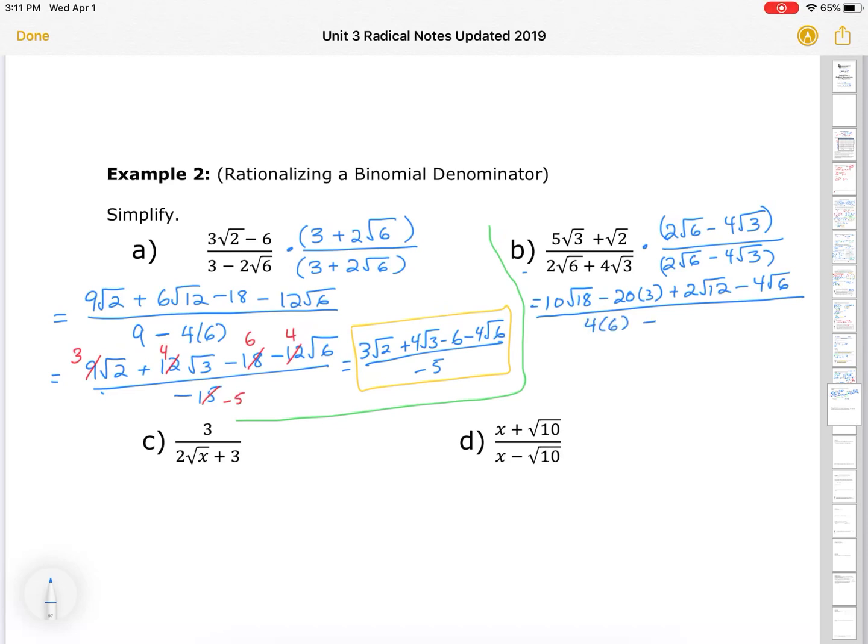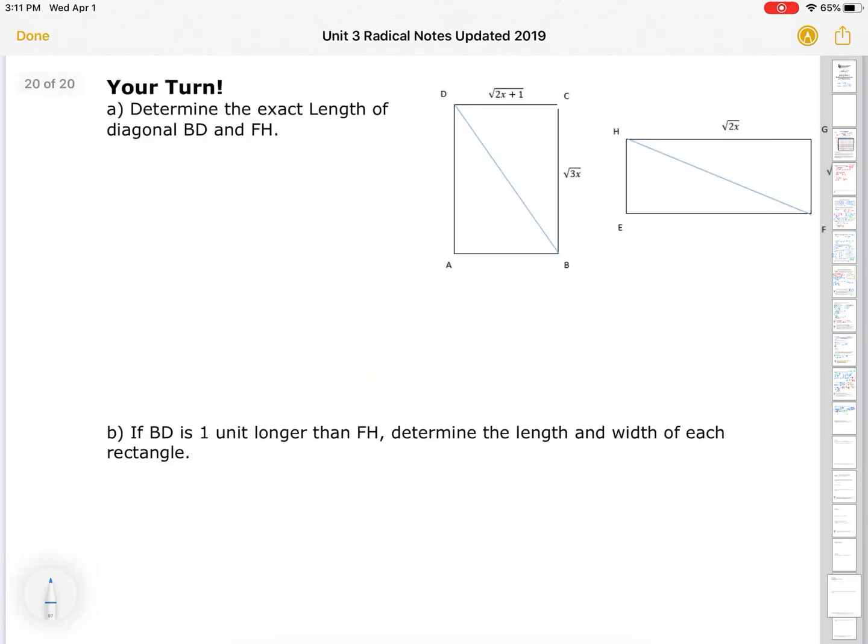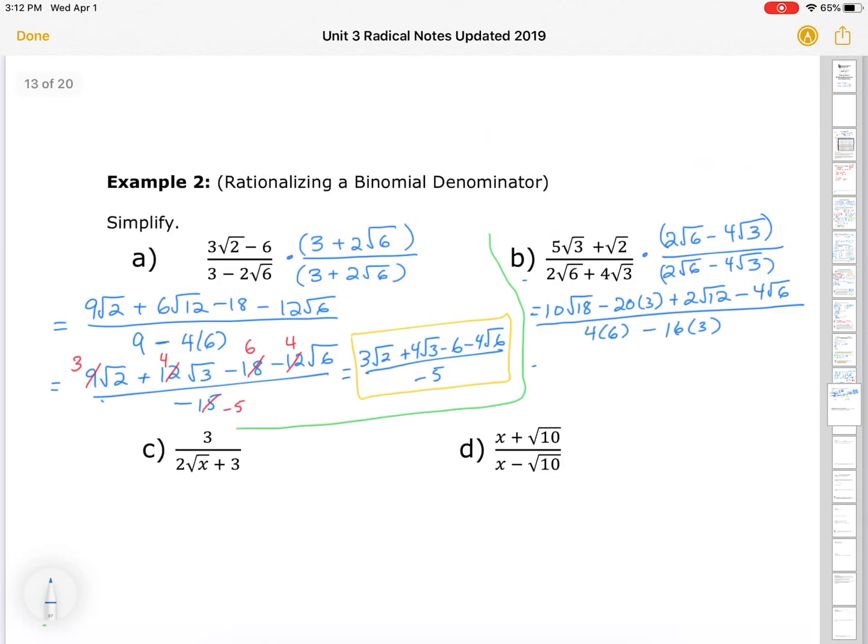We multiply each term and we just basically subtract them. So 4 times 6 minus 16 times 3. Okay, I am squinchy, sorry. Okay, so let's simplify the top.